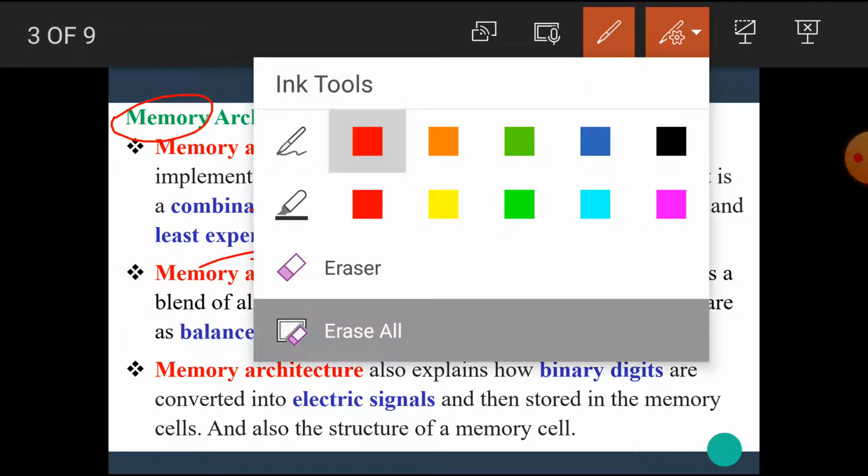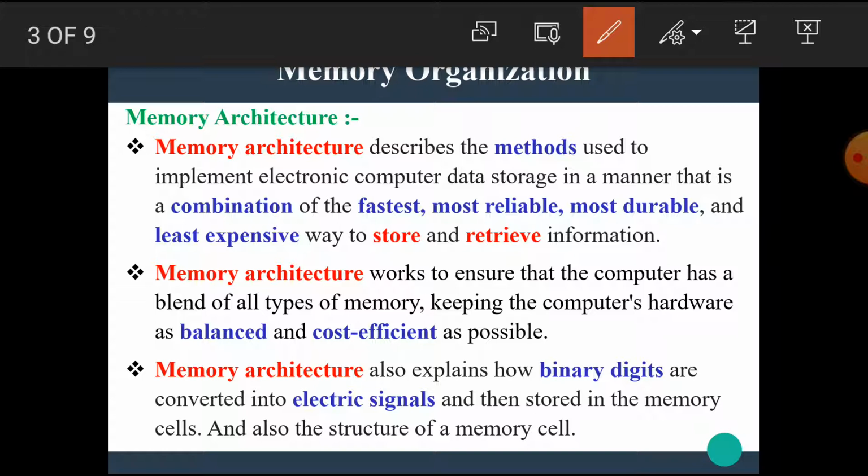The memory architecture works to ensure that the computer has a blend of all types of memory, keeping the computer's hardware as balanced and cost efficient as possible. Memory architecture also explains how binary digits are converted into electrical signals and then stored in the memory cells, and also the structure of the memory cell.